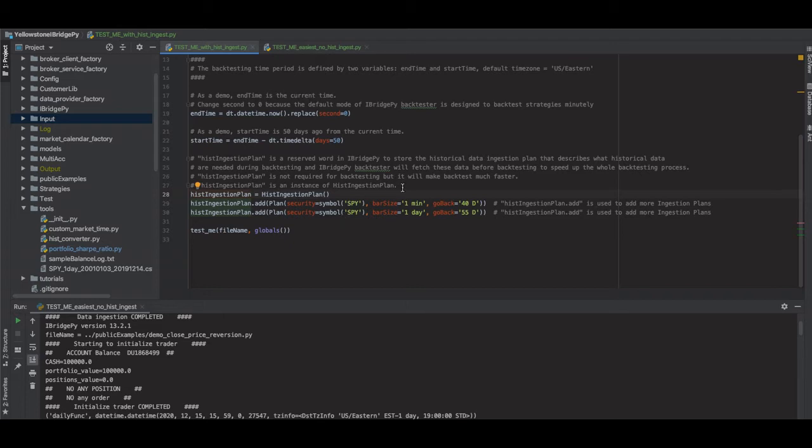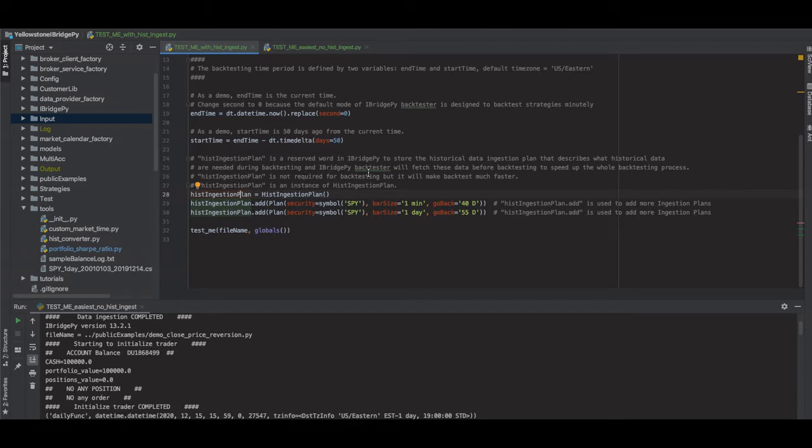This is a reserved word in IBridgePy, which means don't use it in your code somewhere else, because IBridgePy will look for this variable. This variable will be used to store the historical data ingestion plan. This plan describes what historical data are needed during backtesting.